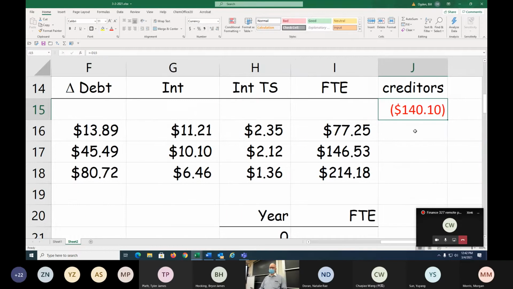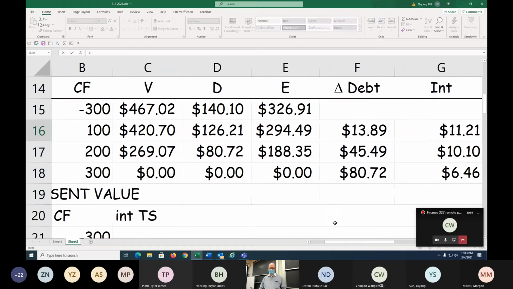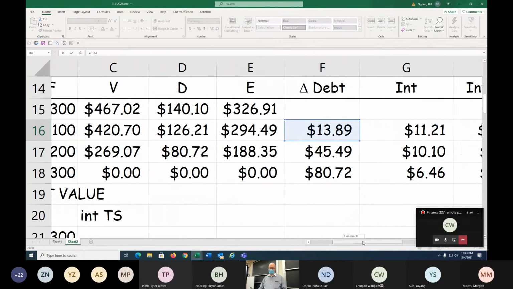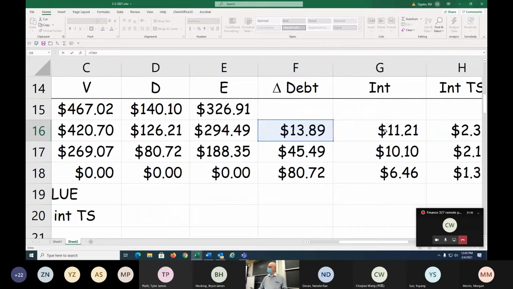Okay, and what did the creditors receive at the end of year one? We repaid 13.89 of the debt, right? Paid that back. Plus, the creditor also received interest.